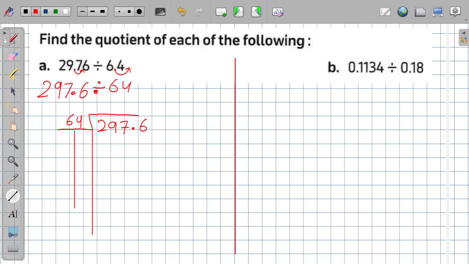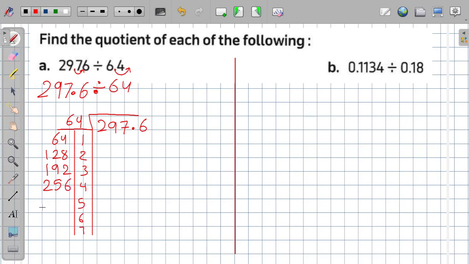Okay, so I have 1, 2, 3, 4, 5, 6, and 7. 1 times 64 equals 64. 2 times 64 equals 128. 3 times 64 equals 192. 4 times 64 equals 256.